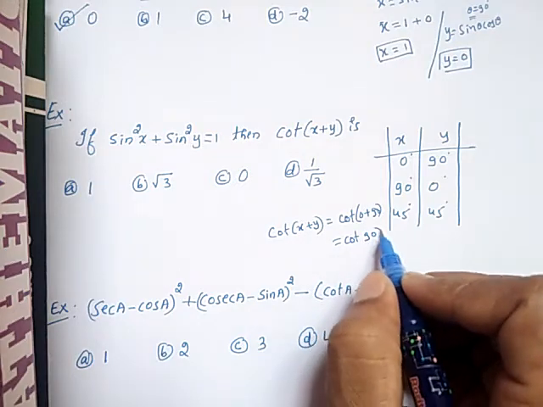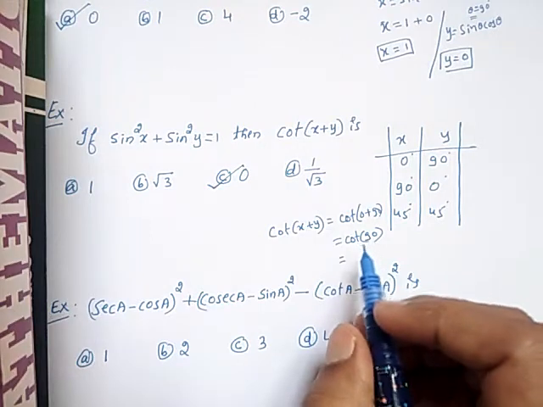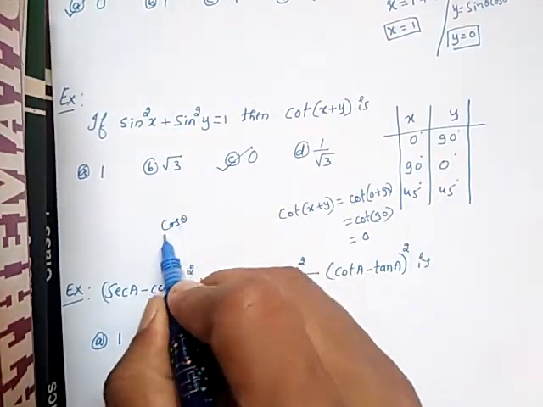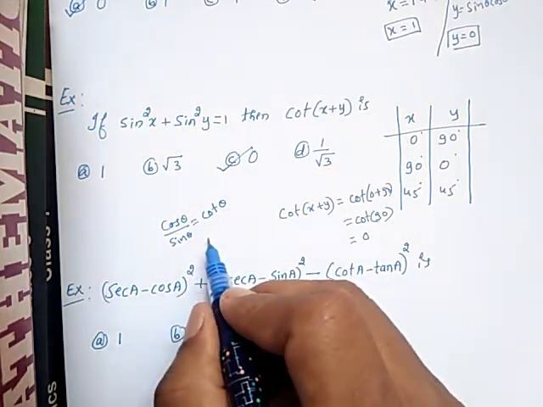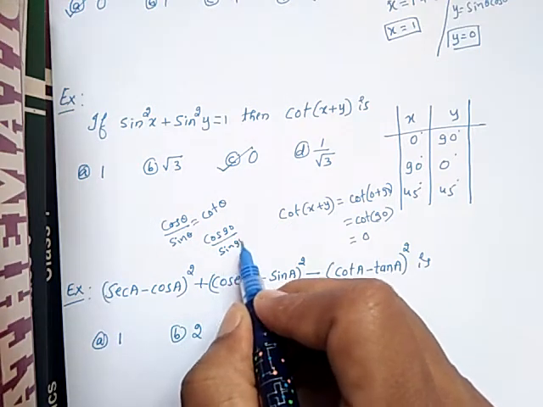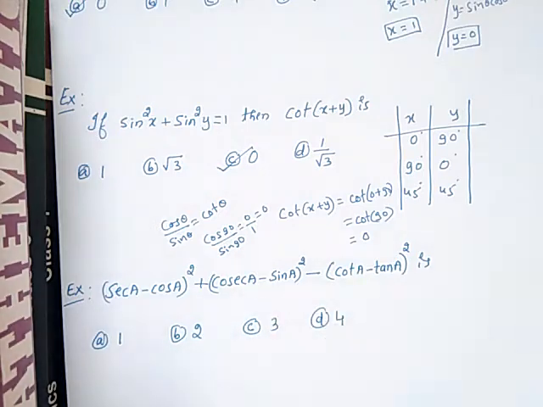What is cot 90? Cot 90 is 0. How did you get cot 90 is 0? Because you know cos theta by sin theta is equal to cot theta. So this is cos 90 by sin 90. Cos 90 you know is 0, and sin 90 is 1. So 0 by 1 is 0. Like that you can take.